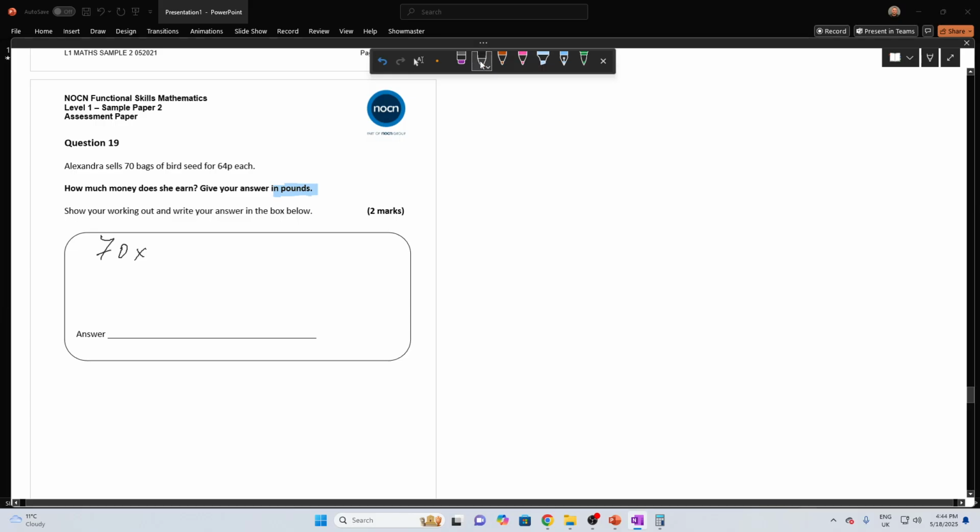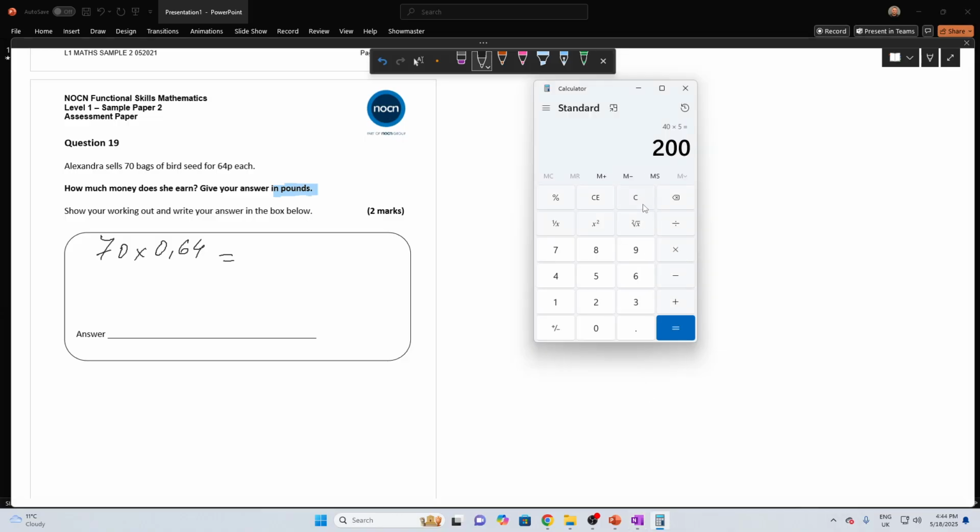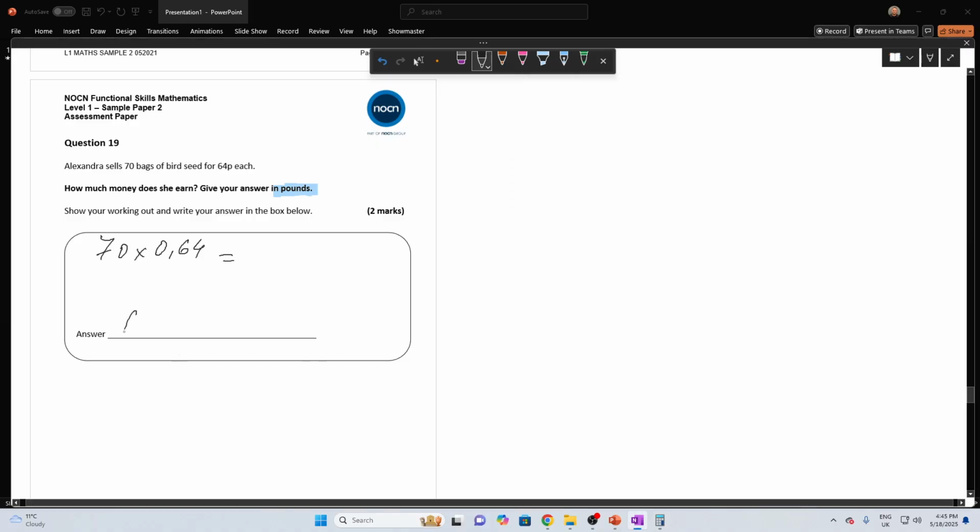So better, that's 65p, I'm writing as a pound. So it's going to be 0.65, and this, 70 multiplied by 0.65. So this is going to be 45 pounds and 50p.